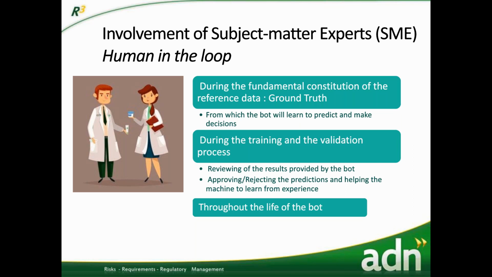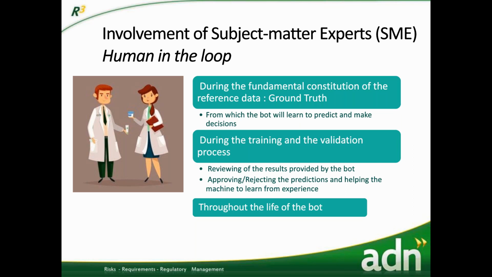During the training itself, the subject matter experts have to participate by reviewing the results provided by the bots. For example, if the bots have been trained with some data and after we test with another batch and we see that there is a gap between the prediction of the bots and the reality expected.